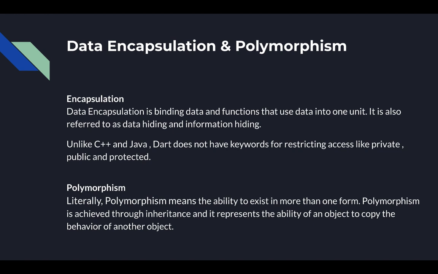Data encapsulation is binding data and the functions that use the data into one unit. I won't go into too much detail because data encapsulation is not as pronounced in the Dart programming language as it is in other programming languages like C++ and Java.